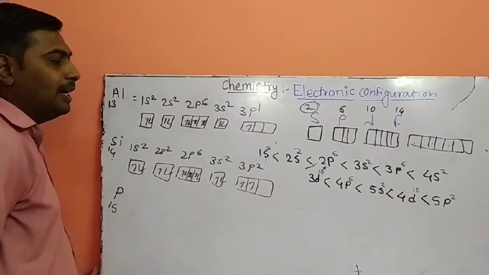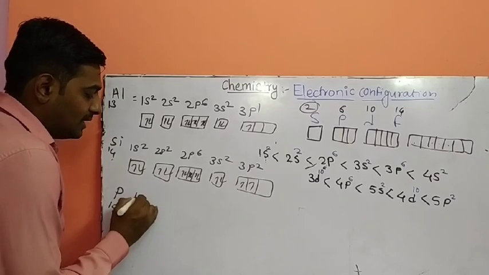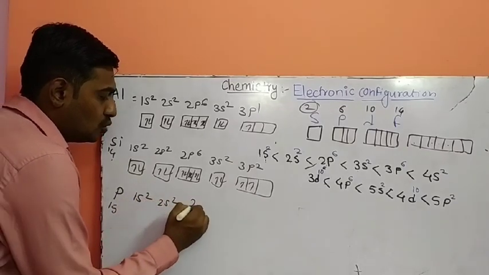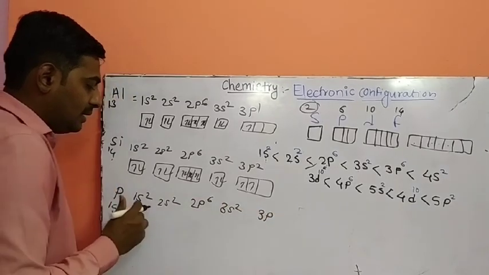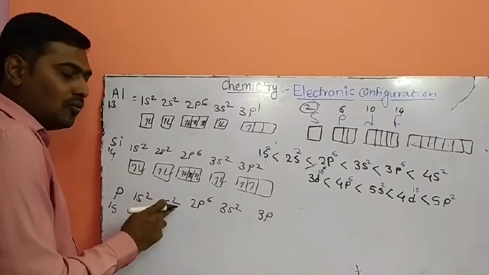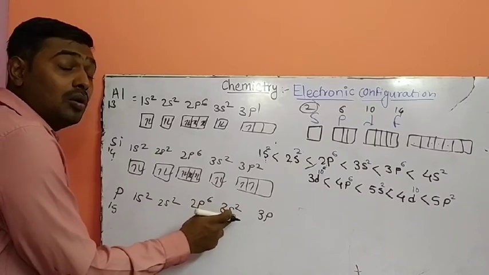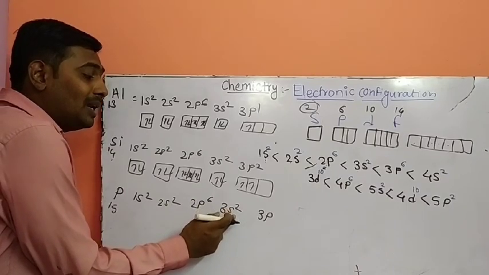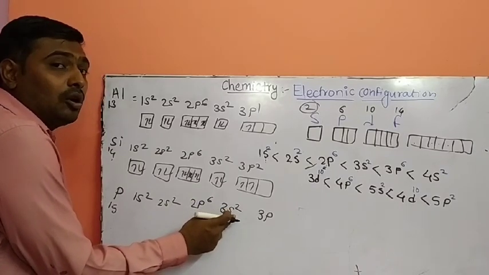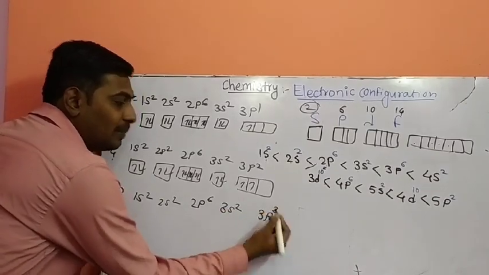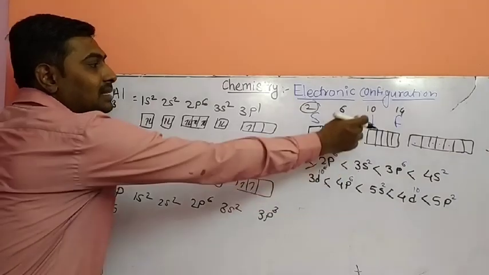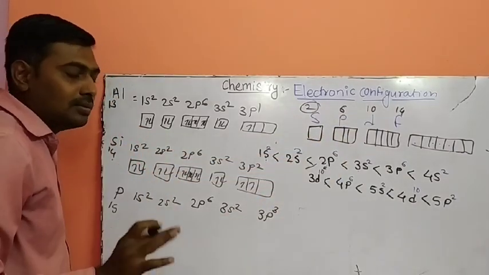Electron enters in which orbital? 1s2, 2s2, 2p6, 3s2, that is 2 plus 2 is 4, plus 6, 10, plus 2, 12. How many electrons remain? 3 electrons remain. 12 plus 3, 15. The 3 electrons enter in the p orbital, because the p orbital has 6 electron capacity, we can enter up to 6.